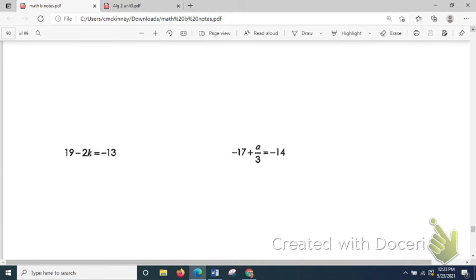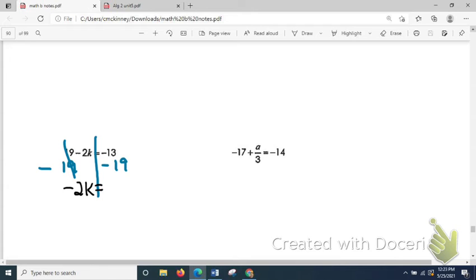All right, let's look at these two-step equations. So this first one, we're trying to get the k by itself. I'm going to subtract 19 on both sides. Remember, when I say both sides, I mean both sides of the equal sign. So this is gone. Now I have negative 2k. Don't forget to drag that negative down with it.